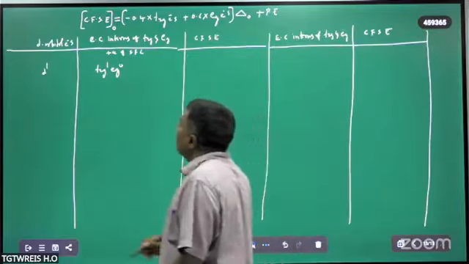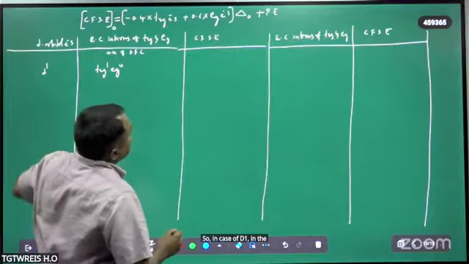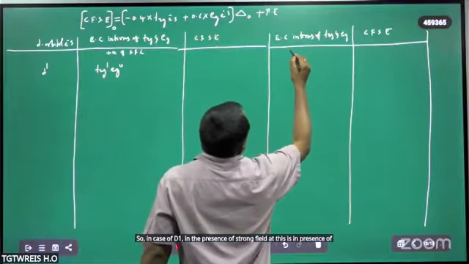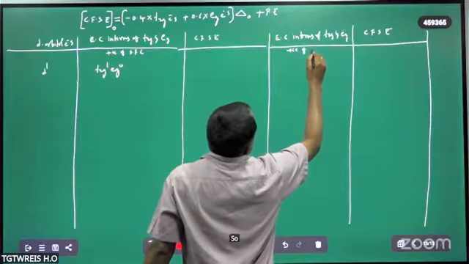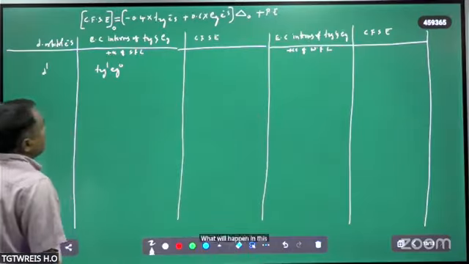This is d1. So in the case of d1, in the presence of strong field ligand, this is in contrast to the presence of weak field ligands. What will happen in this case?